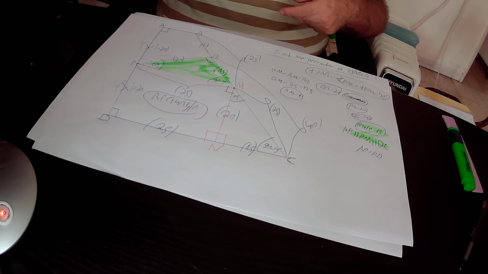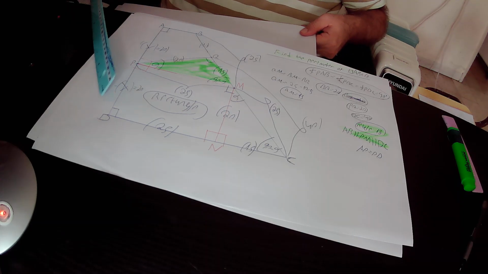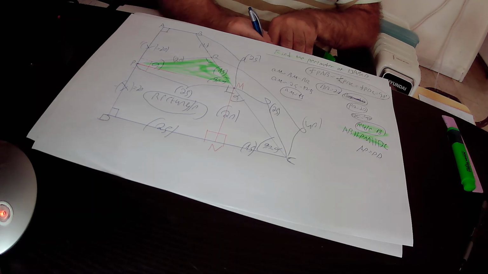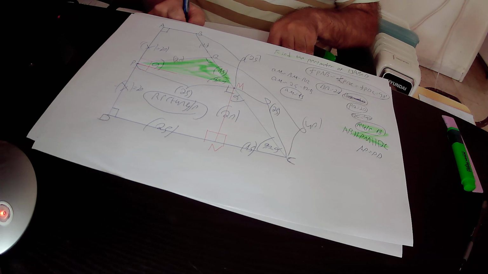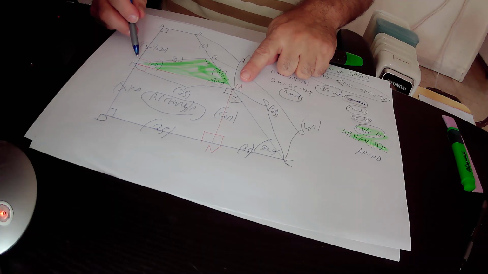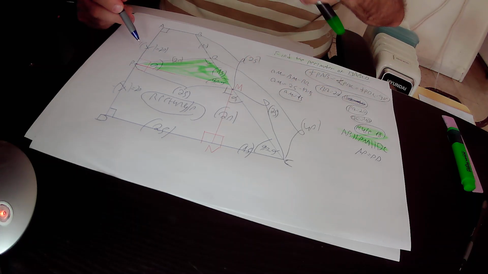So, I write it down. According to the trapezoid mid-segment theorem, PM, as I already mentioned before, bisects AD into two halves, and PM bisects the leg BC into two halves.